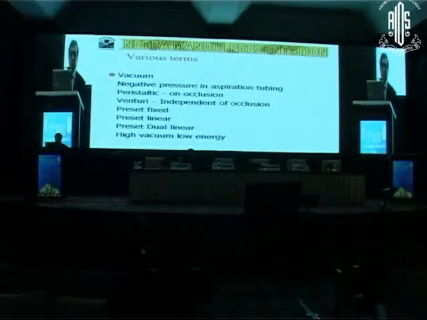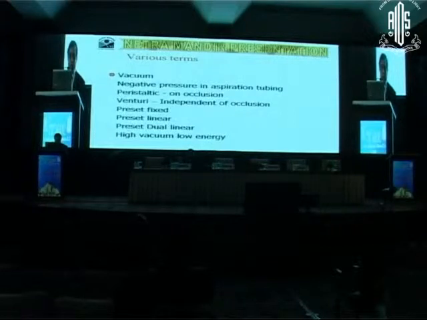However, one of the most important features is the vacuum, which is probably the key factor today, because we all talk about high vacuum, low energy phacoemulsification surgery. Vacuum is nothing but a negative pressure created in the aspiration tubing, which occurs, as I said, on occlusion in the peristaltic system, and continues even in the venturi system, even when there is no occlusion.